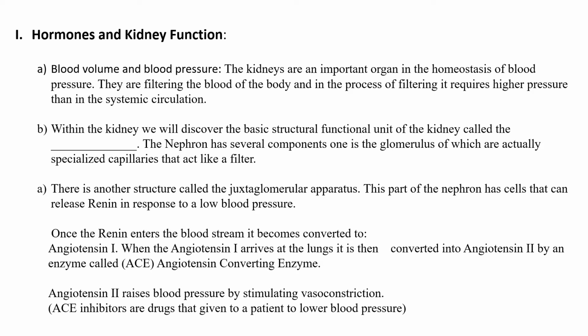So the nephron has several components. One is the glomerulus, and that's the blood vessels coming into a cup. It's like a capsule, right? The glomerulus are actually specialized capillaries that act like a filter. And we'll talk about that.